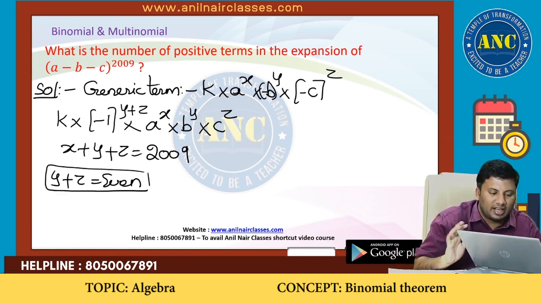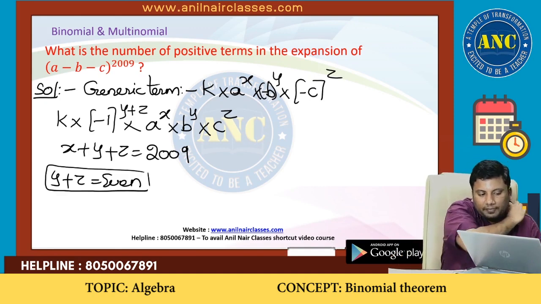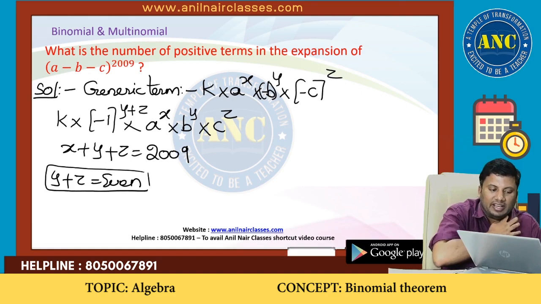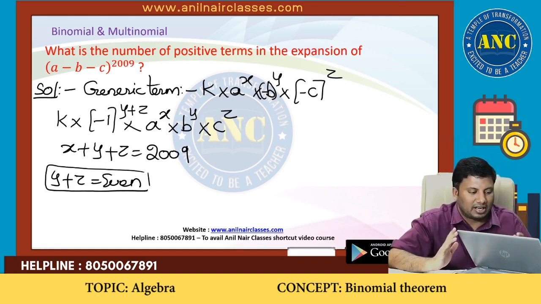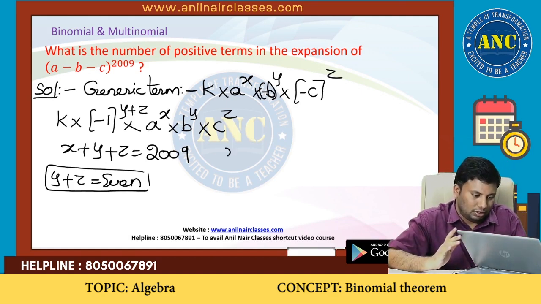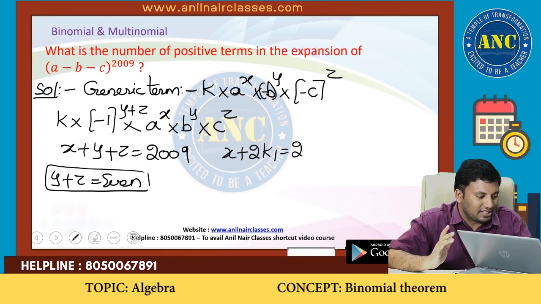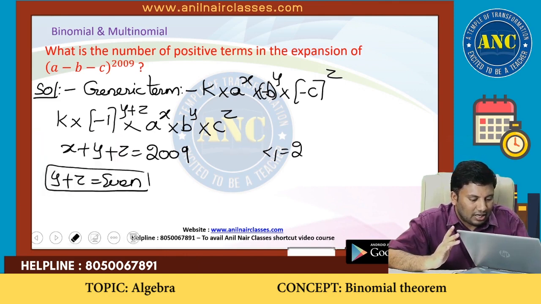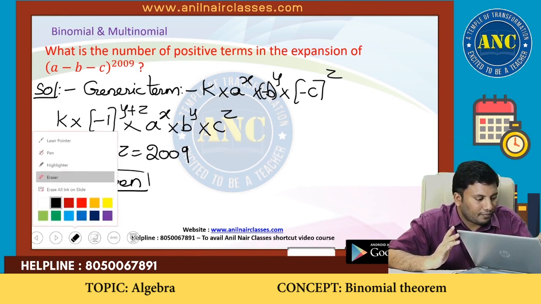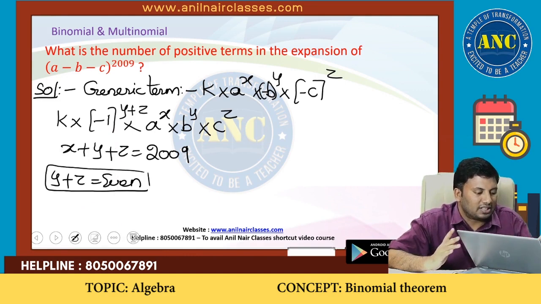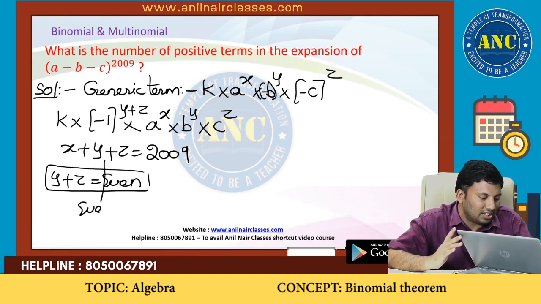Idea is clear, right? If y plus z is even, what will be the answer? If this is even, this will be an odd number.